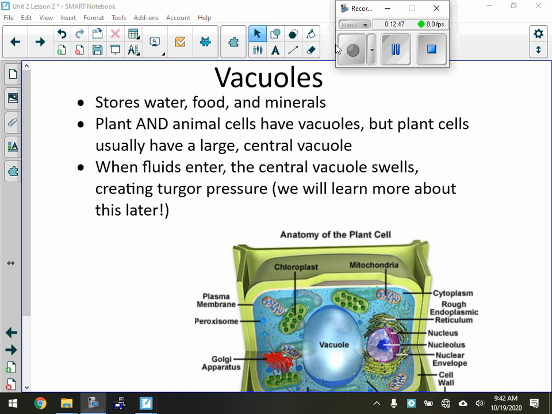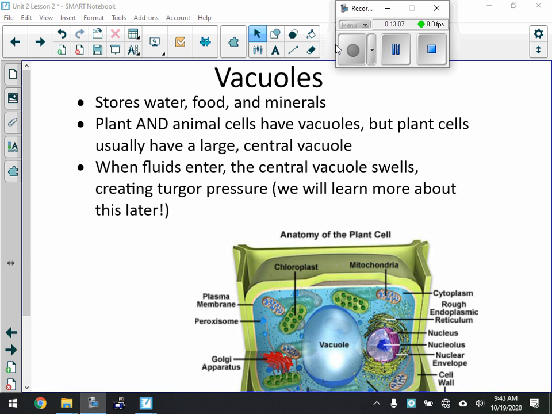Vacuoles store water, food, and minerals in plants. Now, plant and animal cells both have vacuoles, but in plant cells, that is their main source of nutrients, water, etc. In plant cells they are large and usually in the middle, so we call them large central vacuoles.